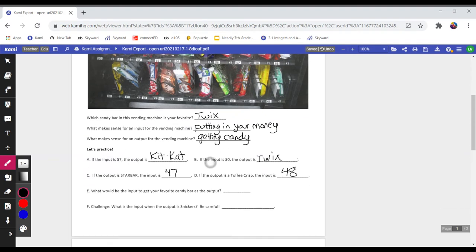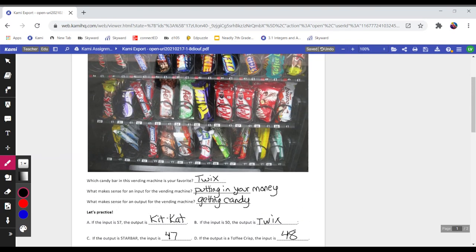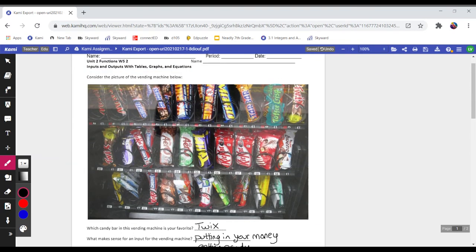Letter E. What would be the input to get your favorite candy bar as the output? Well, my personal favorite candy bar out of these is Twix. So for that, I either need to input, hold on, the number 50, or I could also input the number 49.